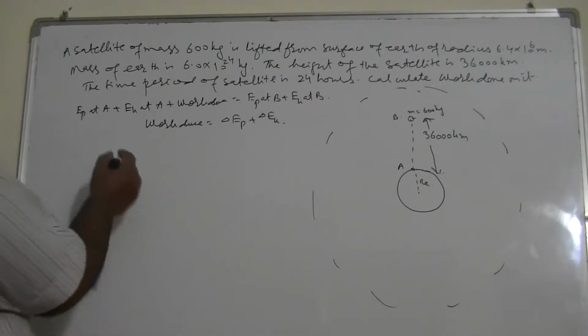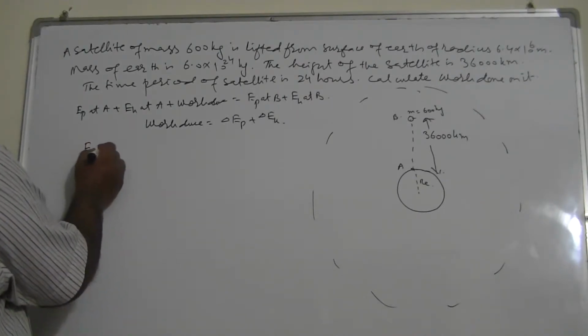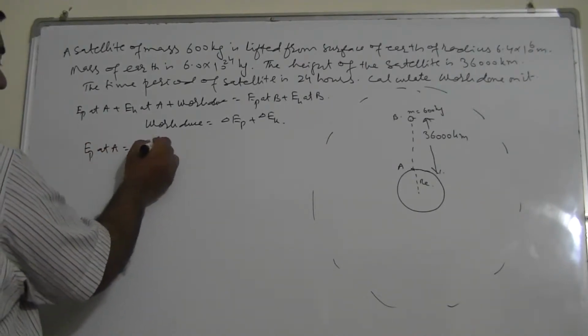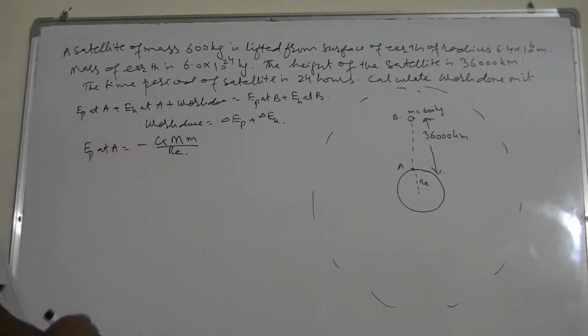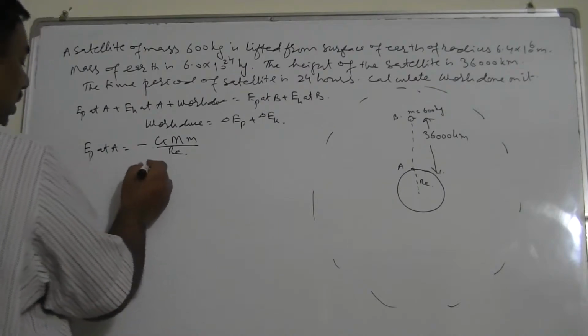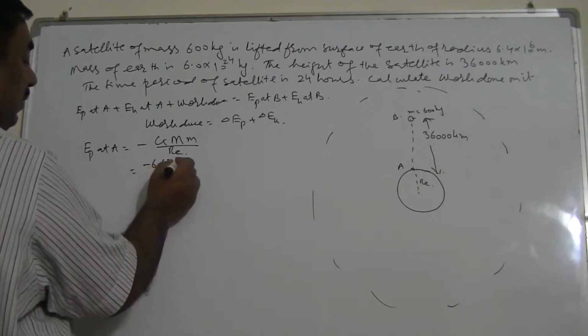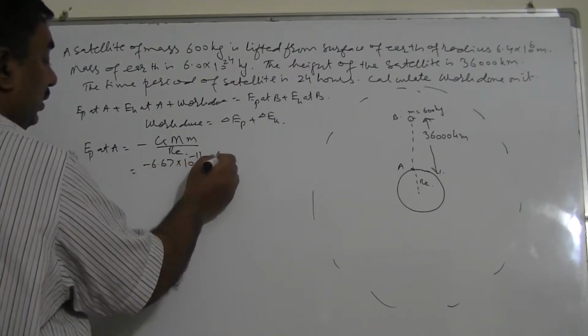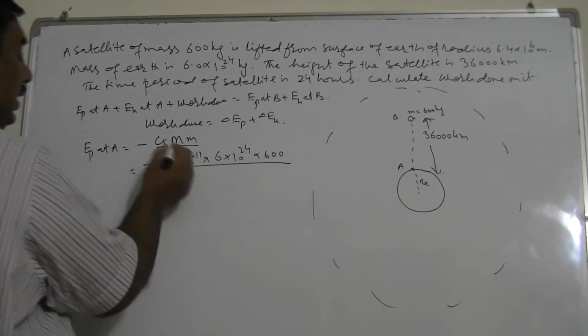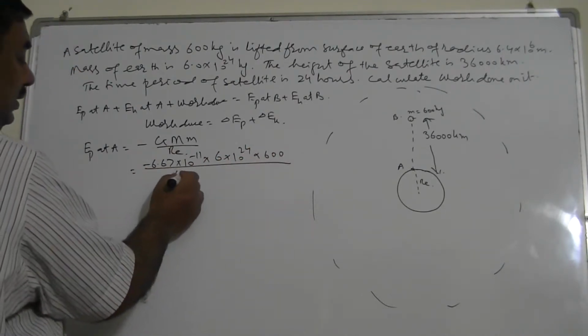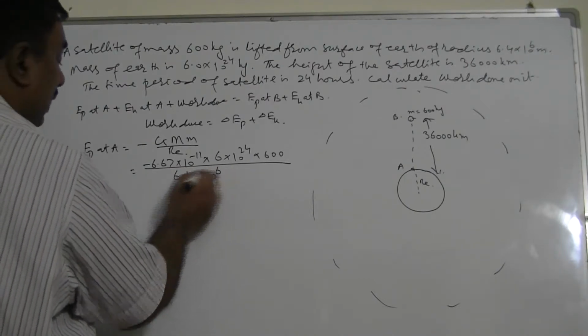So I'll first find EP at A. EP at A is minus GMm upon RE, because it is at the surface of the Earth. Putting in the values: minus 6.67 into 10 power minus 11, into 6 into 10 power 24, into 600, divided by RE, the radius of Earth, which is 6.4 into 10 power 6.